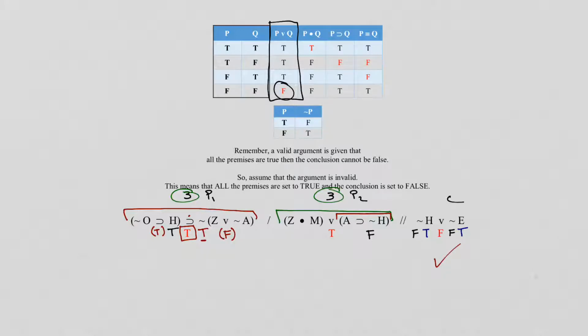So now we know that Z has to be false and not A is false and A is true. By working out the first premise, now we have a lot more information. So we can put the Z over here as false and the A as true.